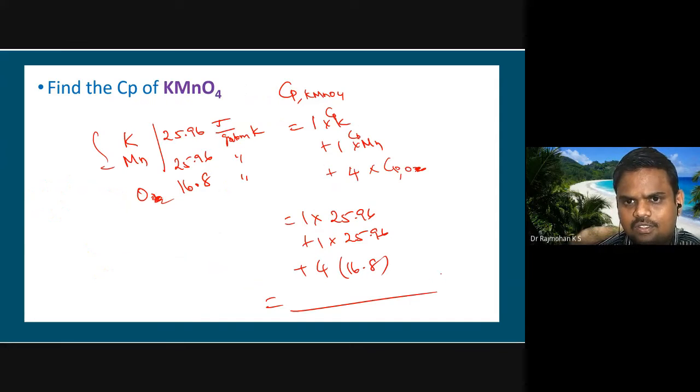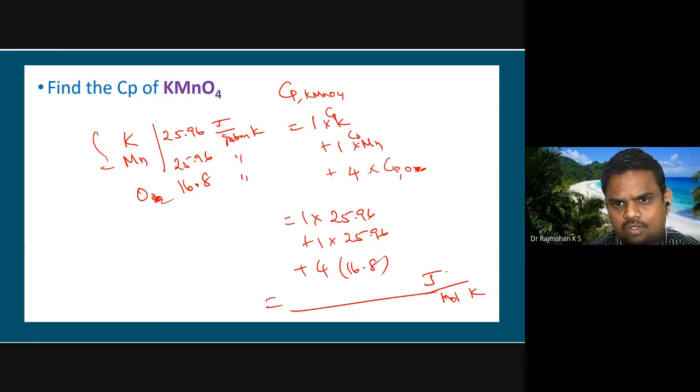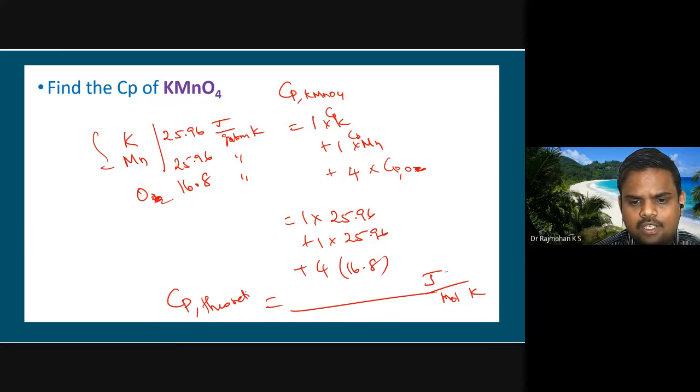So what you will get is Cp in joule per mole Kelvin. To form 1 mole of the substance we are going to have 1 atom of manganese, 1 atom of K, and 4 atoms of oxygen, which forms 1 mole of this. Okay, so this is the theoretical Cp value. So using which law is it? Kopp's law.